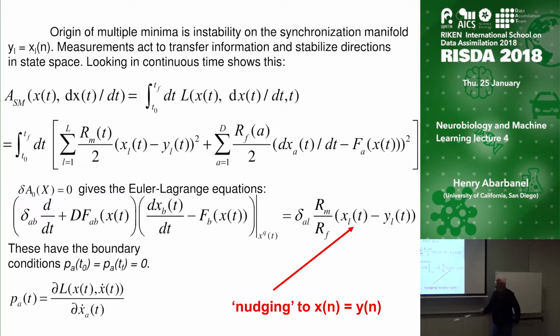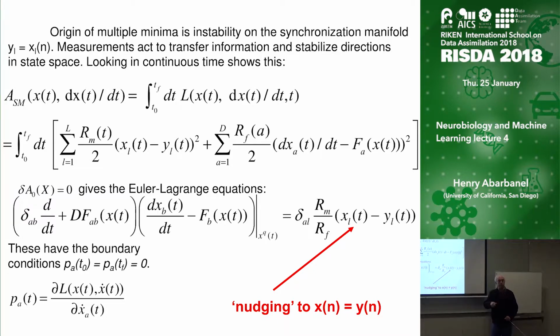The Euler-Lagrange equations, I won't derive for you, but they come with the equation itself plus boundary conditions on the solution that formally come from the integration by parts that you need to derive the Euler-Lagrange equations.